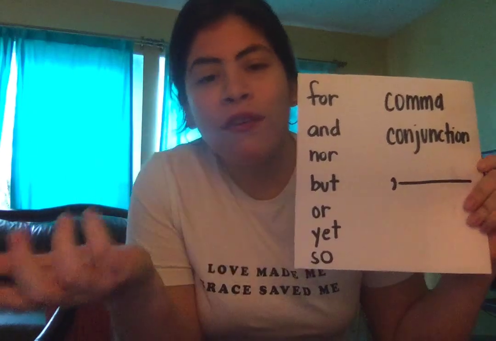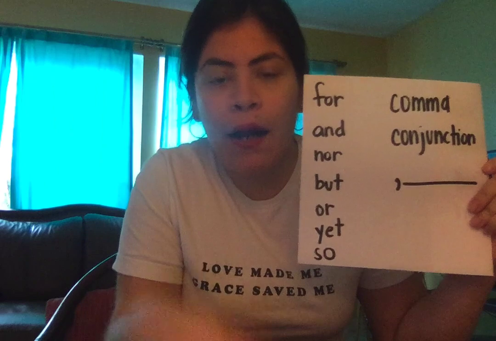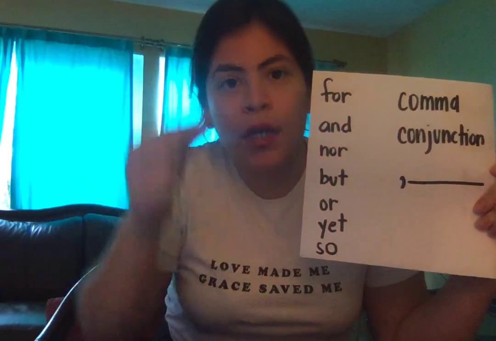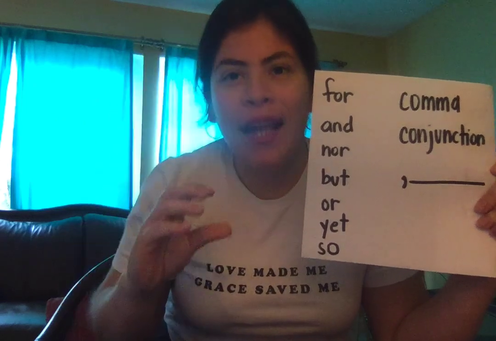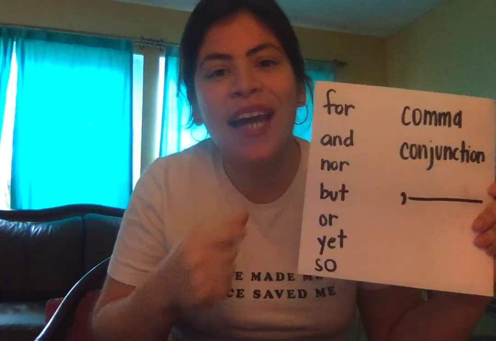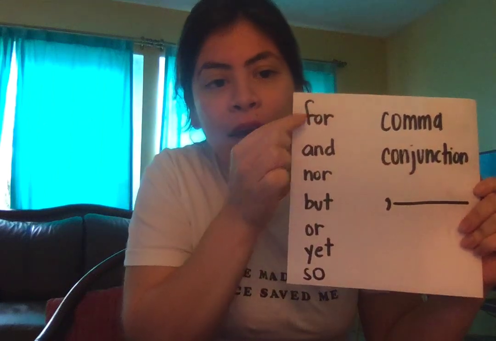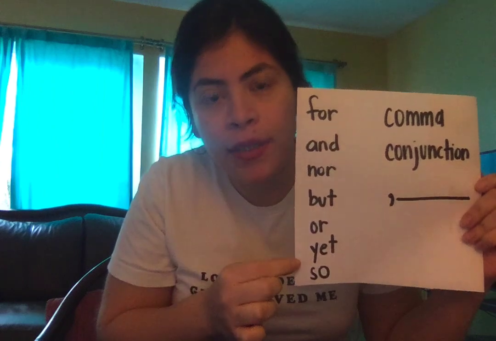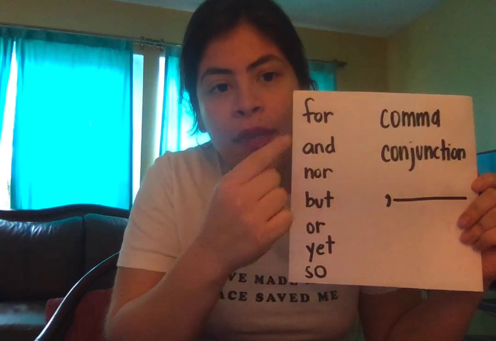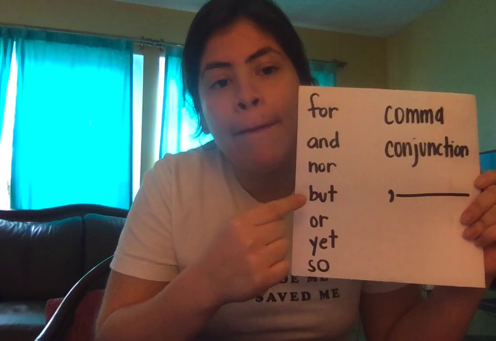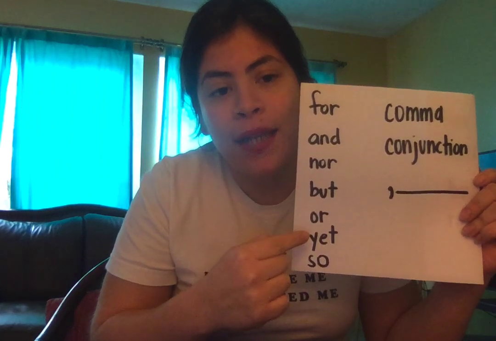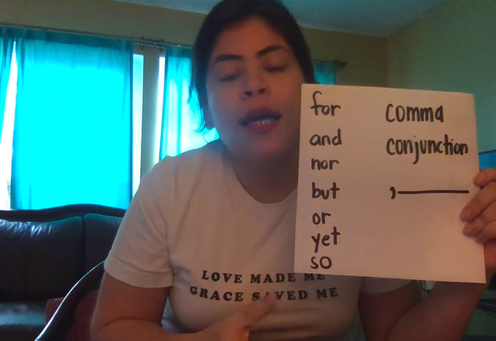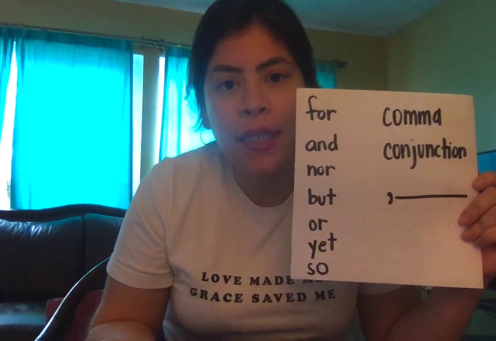So the very common acronym is just like a list of words that create a name, something like that. Okay, so we have FANBOYS, FANBOYS. FANBOYS stands for, and, nor, but, or, yet, and so. So these are conjunctions that we can connect to make a compound sentence.